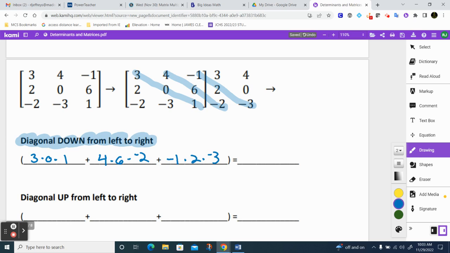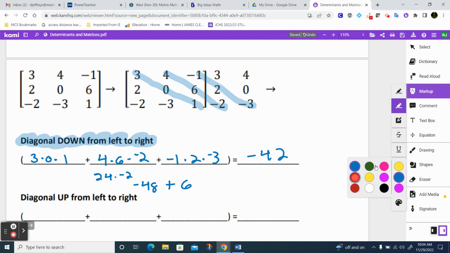So that's our diagonal down as we go from left to right. What's really neat about this is because this has a 0 right here, this is out. So this is 24 times -2, which is -48, plus 6. So this is -42. That is our diagonal down left to right.